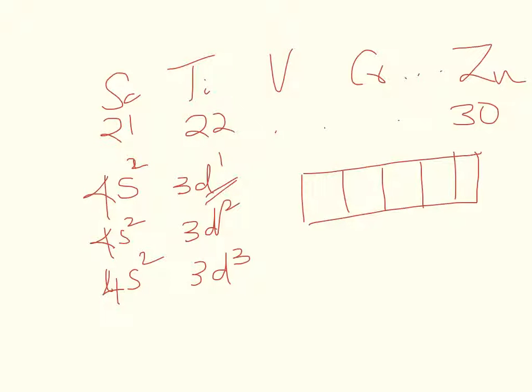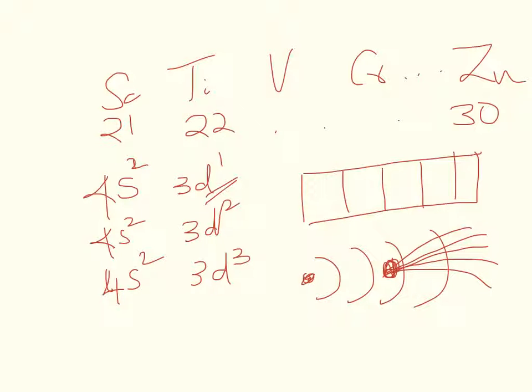Pictorially, if you want to visualize it, this is the nucleus, first shell, second shell, third shell, fourth shell, and 3d is somewhere here. So the last electron is coming in at roughly the same distance, not the exact same distance for all of them, but roughly. There are 10 electrons being filled at the same distance, and protons are increasing too as electrons are increasing.